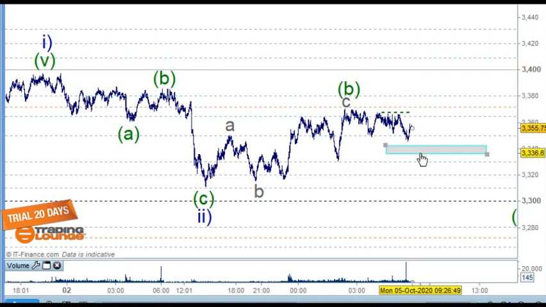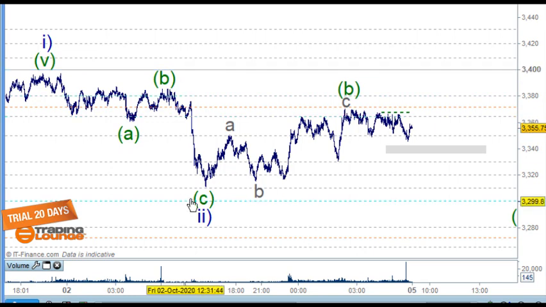This is the 61.8%, so a market that drops below that here would help confirm that this is an A wave, a B wave, and a C wave for wave B here. Otherwise, I've got it counted here as an A and a B and a C for wave 2 here, meaning that all this is positive here, but I'm just putting the second bearish count here as well. But once that top's taken out, then that's that.